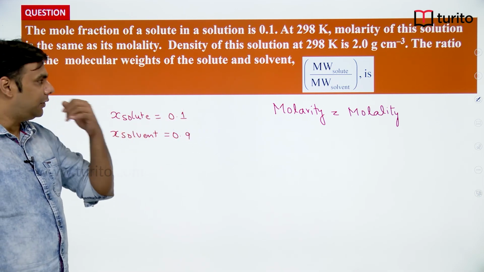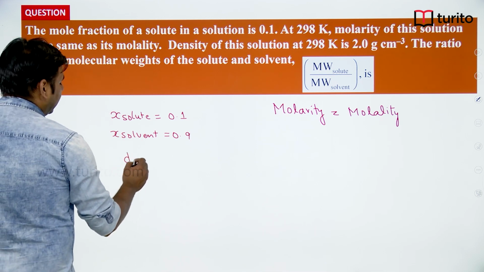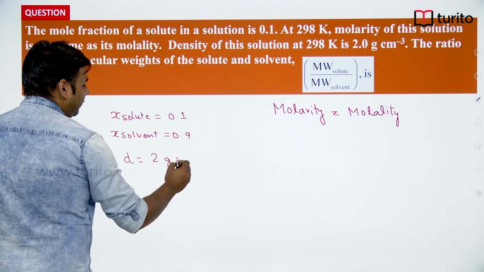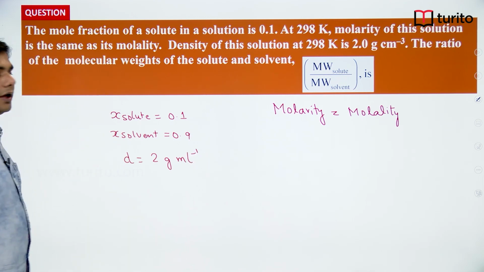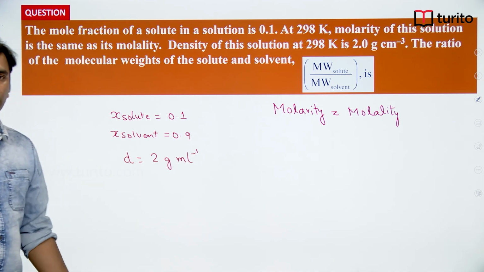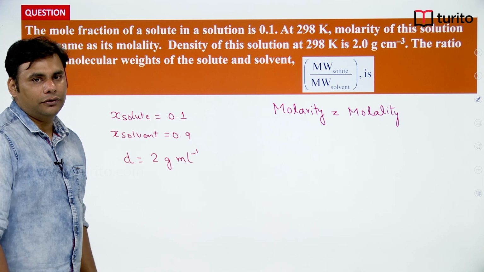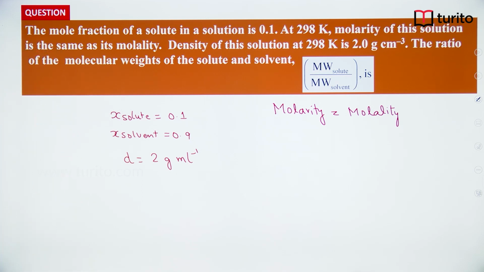This was again a previous year IIT question. Some data has been given to us: density is 2 gram per ml, the mole fraction of solute is 0.1, and molarity is equal to molality. Find the ratio of the molecular weight of solute and solvent. Just read the question and take some time to understand.